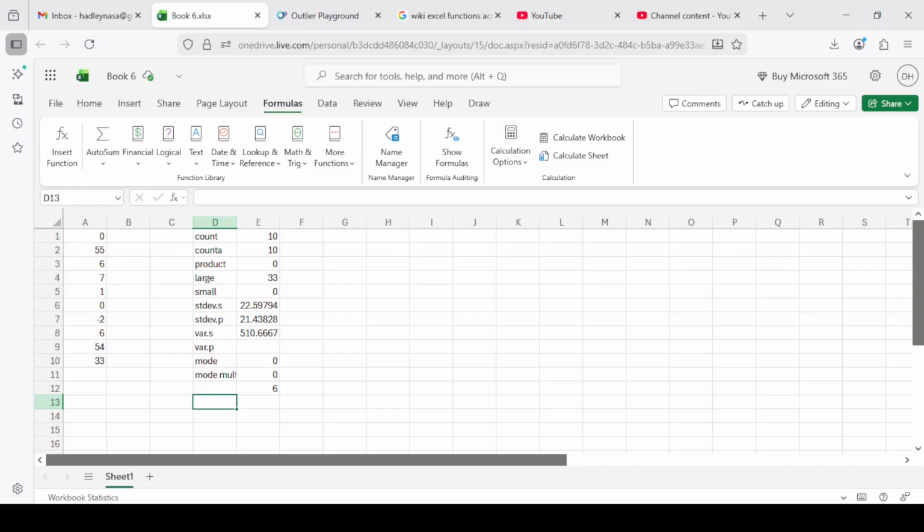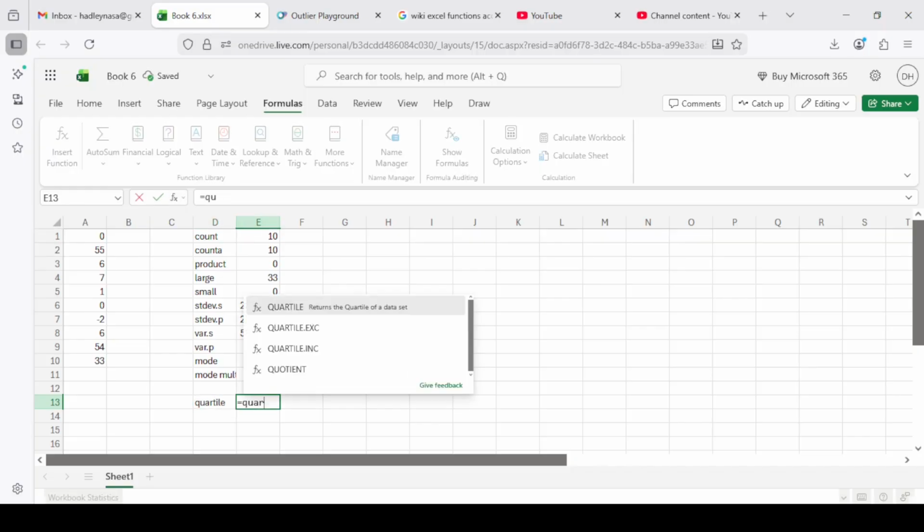The last one, or sort of last one, they're very similar, is quartile and percentile. So let's go to quartile first. So equals quartile. You can see that this one also has multiple options because, again, those are legacy versions. Okay, we have .exc, which is exclusive, and .inc, inclusive, in terms of how it specifically calculates the quartile.